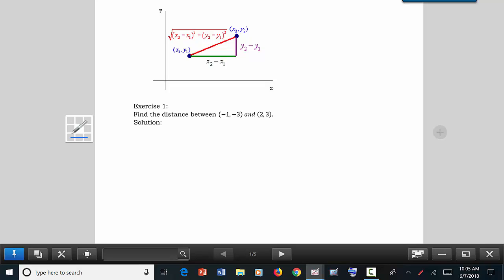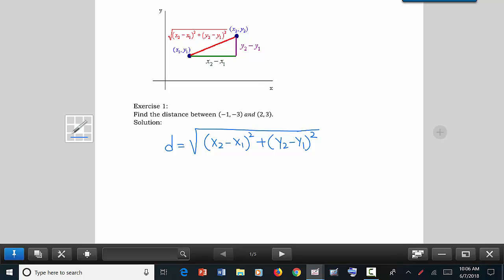Here we are finding the distance between those 2 points. So the distance d is the square root of (final x minus initial x) squared plus (final y minus initial y) squared.